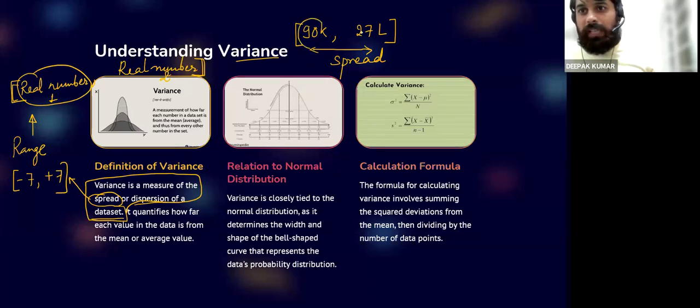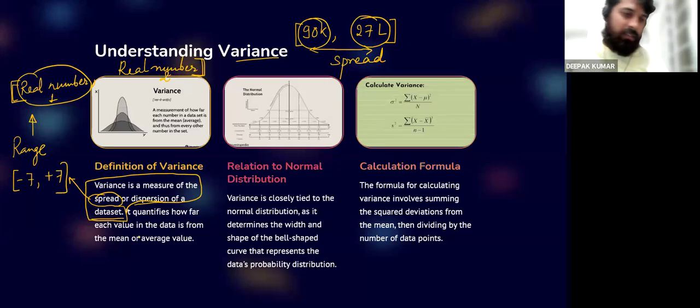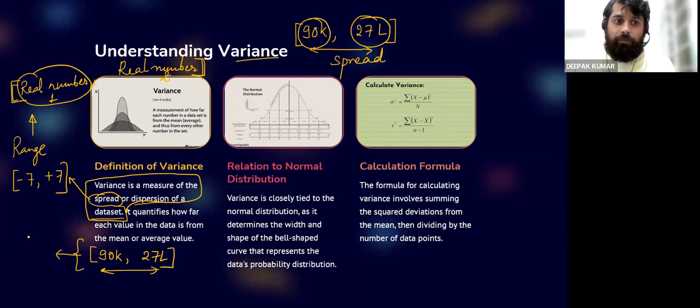So this 90K you found as a minimum salary, and 27 lakh per month you found as the maximum, the highest salary. So you give in your inference that okay, I found 90,000 to be the minimum and 27 lakhs to be the maximum spread in my company, and this will be measuring the variance.